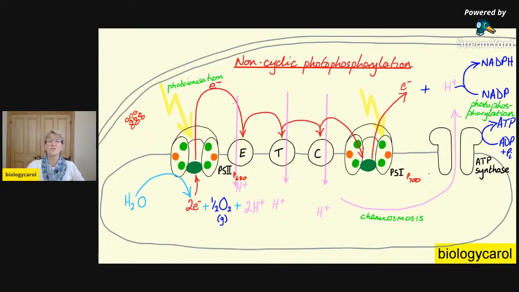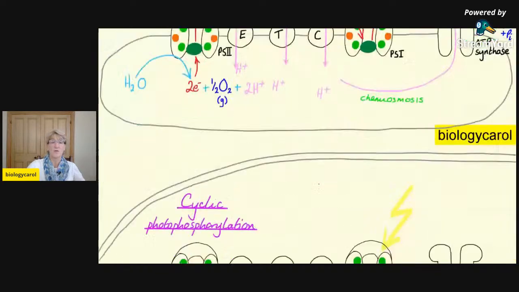Particularly, this kind of electron path is going in a linear flow. And non-cyclic photophosphorylation ticks all the boxes for producing NADPH, ATP, and oxygen, the 3 things that we need from the light-dependent reaction. So now let's go on to talk about the cyclic phosphorylation.